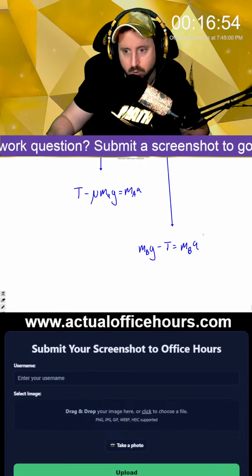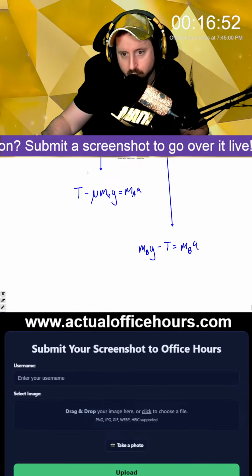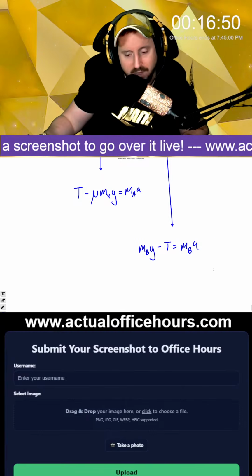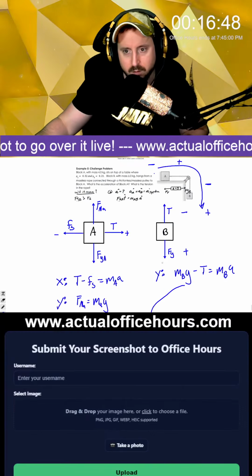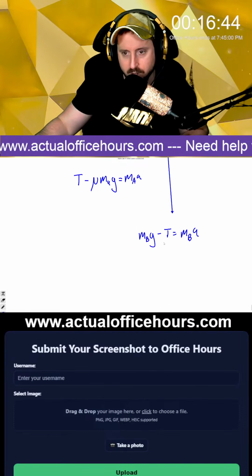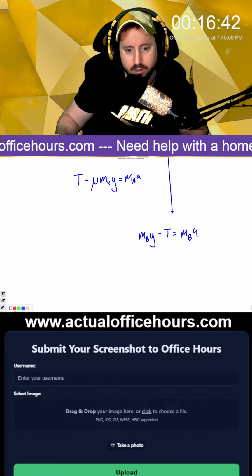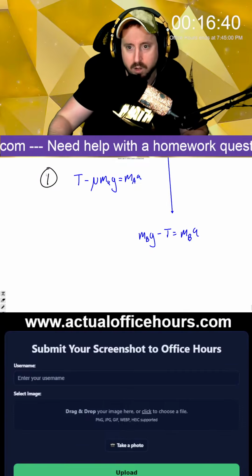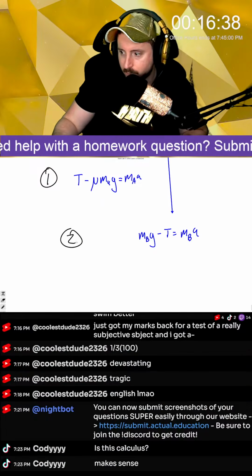And then from these two equations, you can solve for A, because you can just add them up to each other, I think. Right? Is that what we want? What is the acceleration? Then we want the tension. Okay. So let's call this equation 1. Let's call this equation 2.